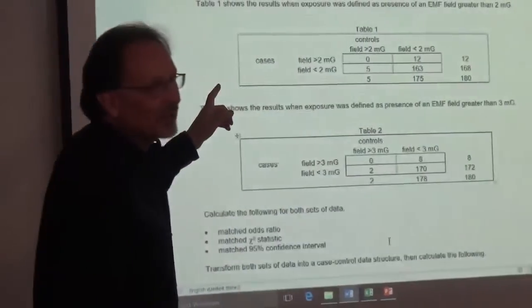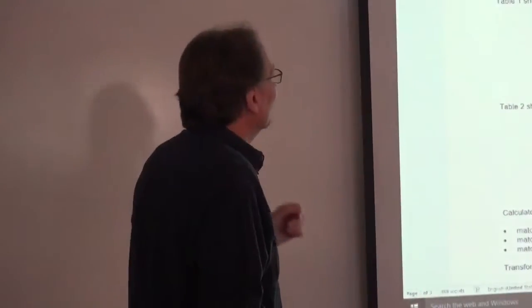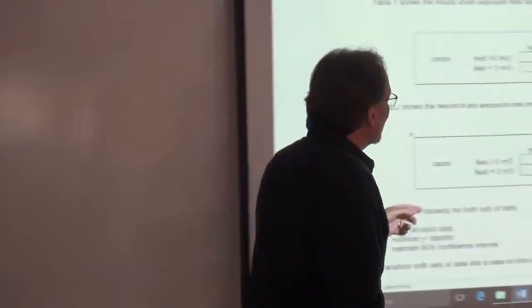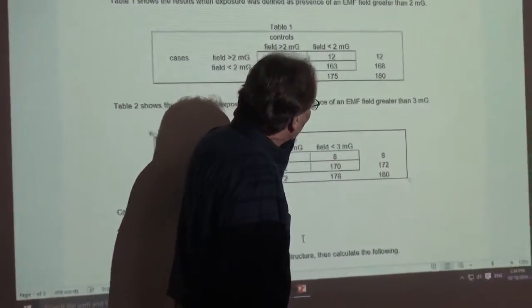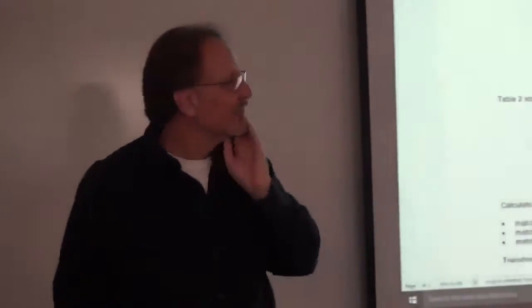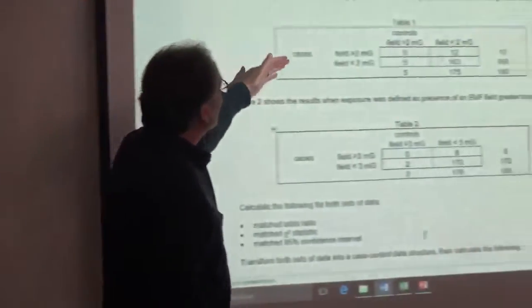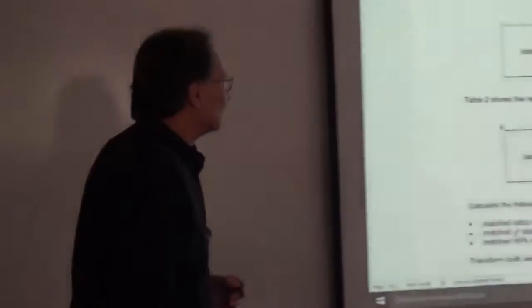But they chose not to do that in this study, and therefore we have two separate analyses. It's the same data because they had 180 pairs in both of these, 360 subjects in both. It's the same 360 subjects, they just divided them up differently, so you get two different analyses.